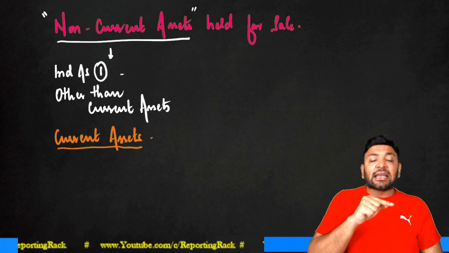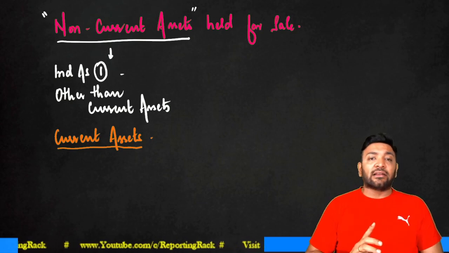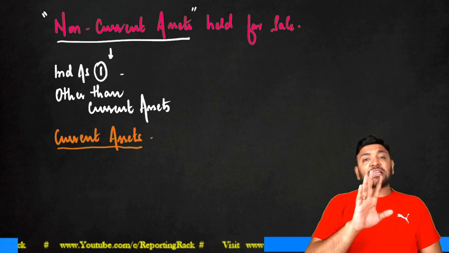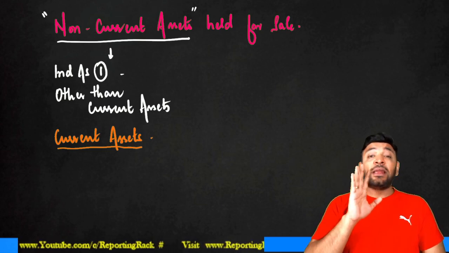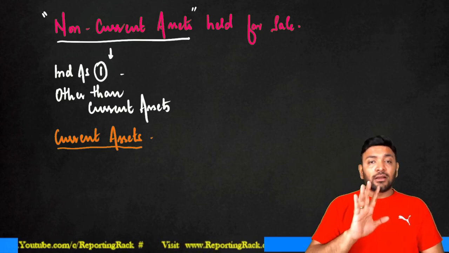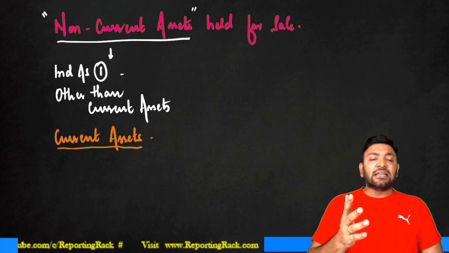This entire cycle is called one operating cycle. These operating cycles can also be considered as a period of 12 months. It should be less than 12 months. Clear? Generally, obviously, it is an assumption.